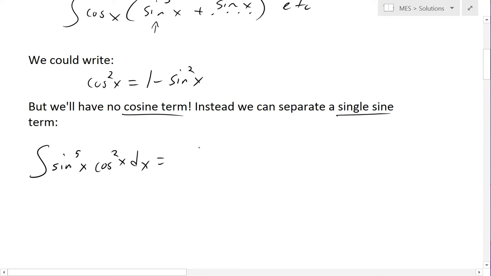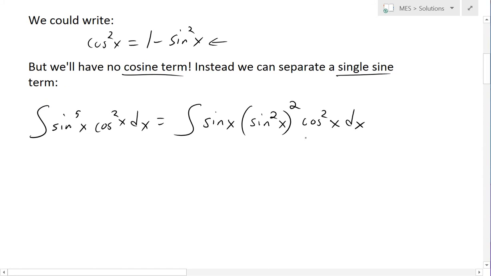Because it's an odd power, we can take a sine out of there. So sine of x, and inside we'll have sine to the power of 4, which is the same as writing sine squared of x, all squared, so we're dealing with something familiar, times cos squared x dx.